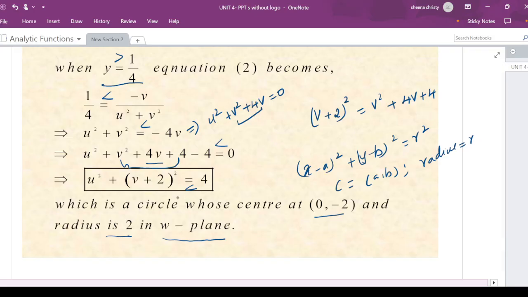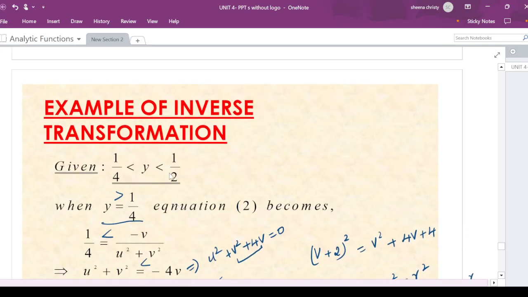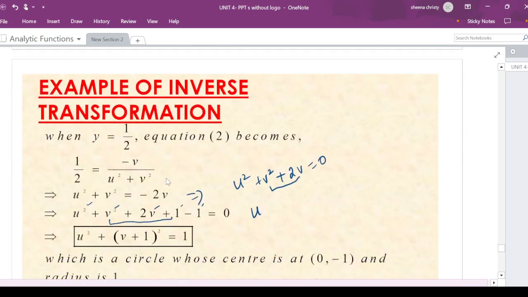Now, the next part is y is less than 1 by 2. Consider that. Y is less than 1 by 2 means in the place of y you have this. Therefore, 1 by 2 is greater than this. So, by cross multiplying, you are getting u square plus v square is greater than minus 2v. Bringing this 2v to this side, we will get greater than 0.